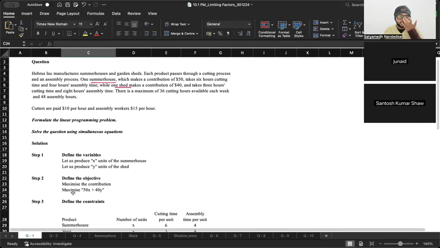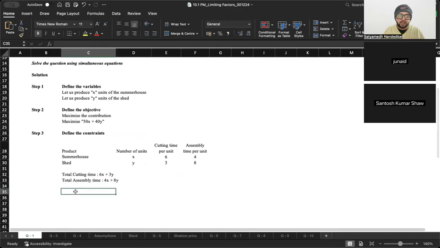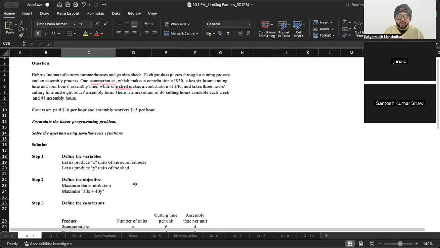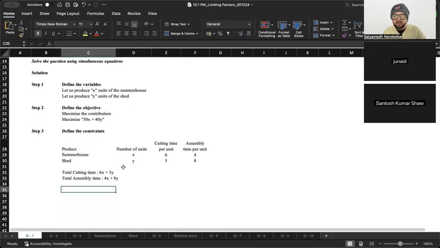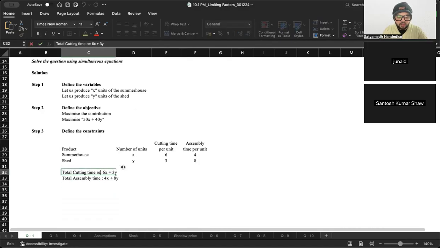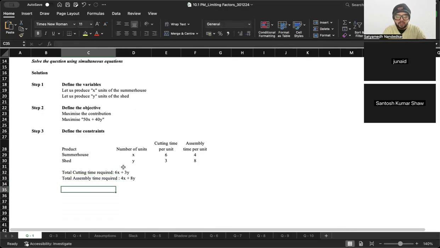Okay. Now, total assembly time is 4x plus 8y. There is a maximum of 36 cutting hours available each week and 48 assembly hours. This is the total cutting time required and this is the total assembly time required. We also know the maximum time available each week.